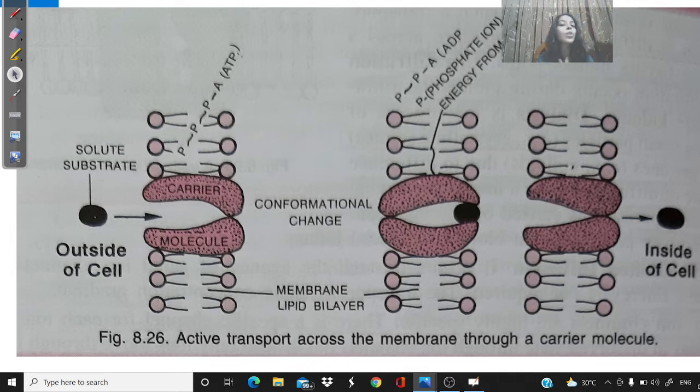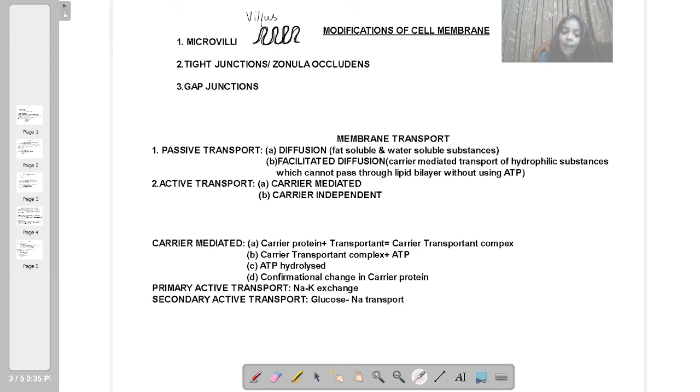Clear? So this is all about carrier mediated active transport. Now, the next is carrier independent active transport. Now, before going to that, I would also like to tell you one thing.